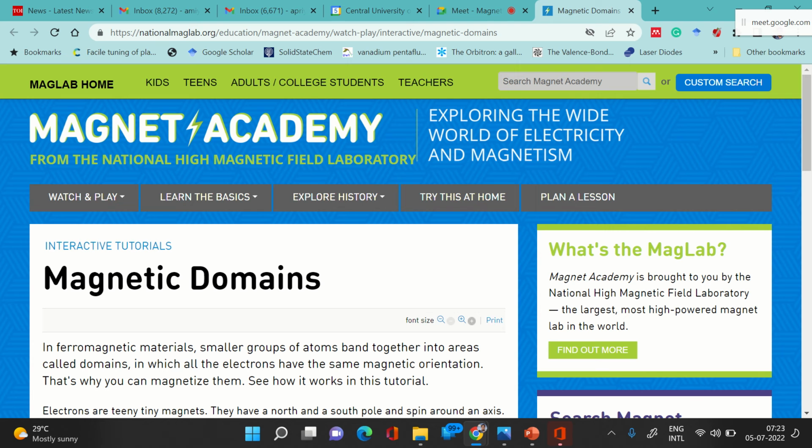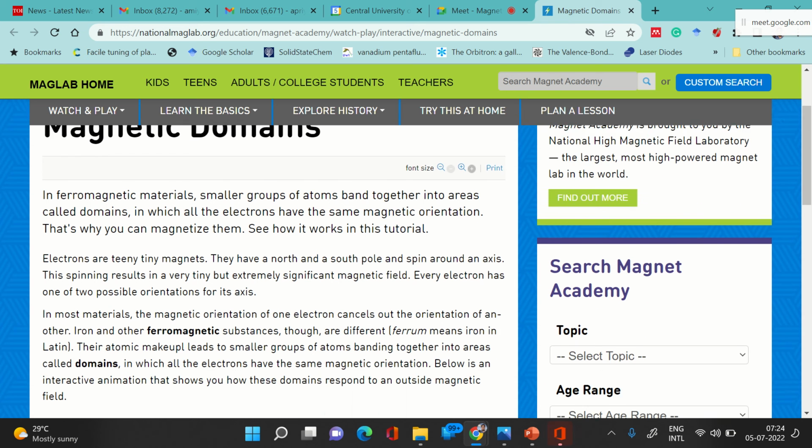You can also go through this website, which is good for learning the basics of magnetism. In short, we call it MagLab. Actually, I happen to have worked there during my postdoctoral work.